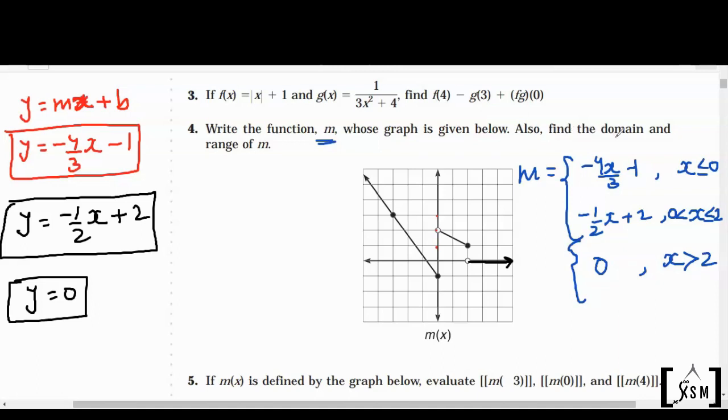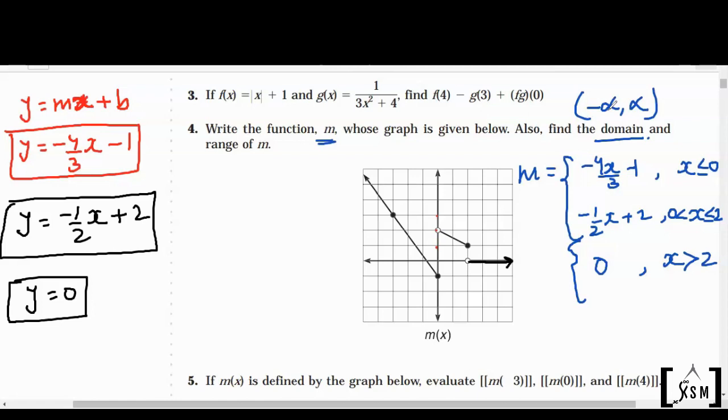In the second part, they are asking to find the domain. So looking at the graph, you can easily tell what x values are possible. So x values are possible all the way from less than 0, and all the way from 0 to 2, and all the way from 2 to infinity. So basically, the domain is minus infinity to positive infinity, because there is no x which is not possible.